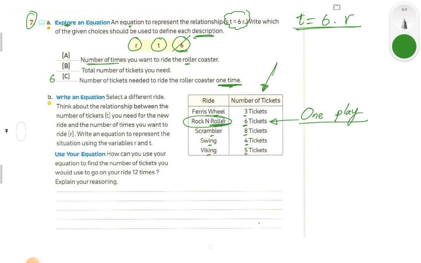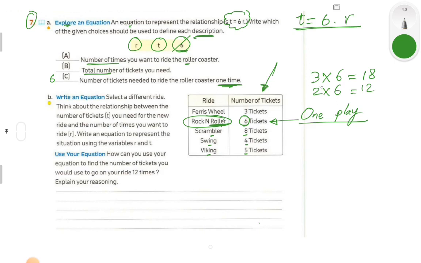I finish it. So I have r and t. Now we have the number of times you want to ride it and the total number of tickets. If one time needs 6, then if you want to play 2 times, that means 2 times 6, 12. If you play it 3 times, that means 3 times 6, so I need 18 tickets, and so on.